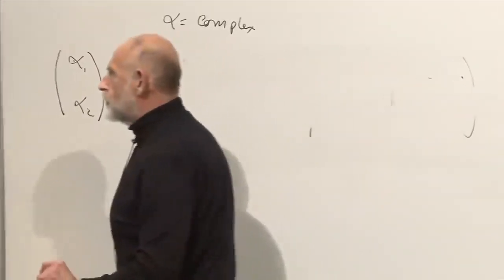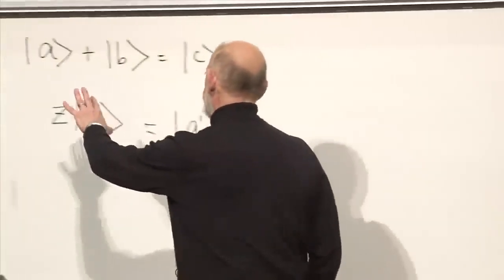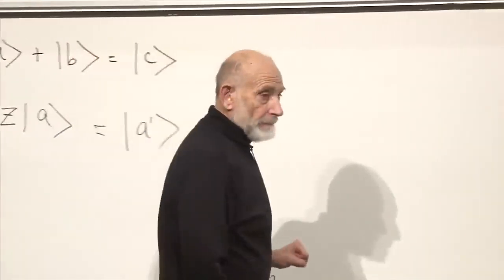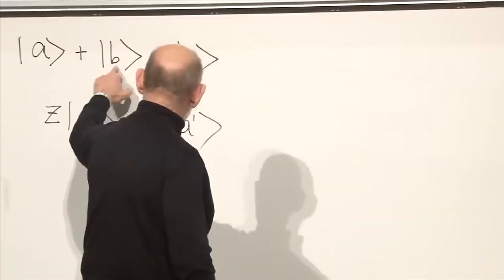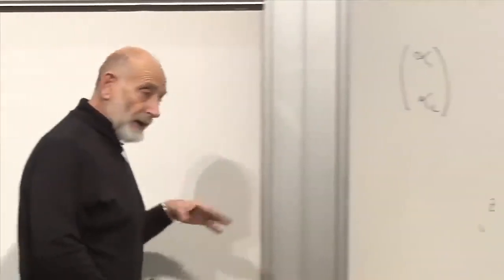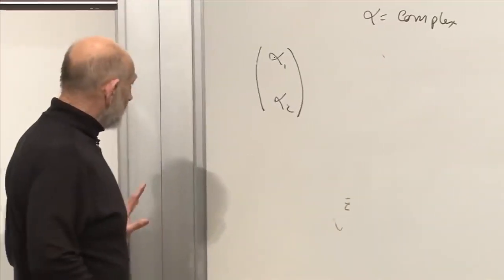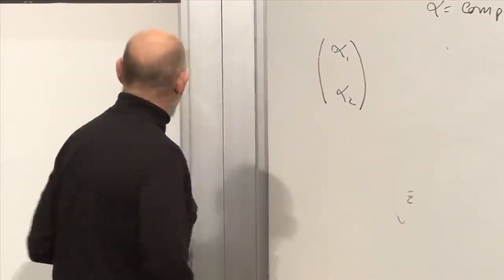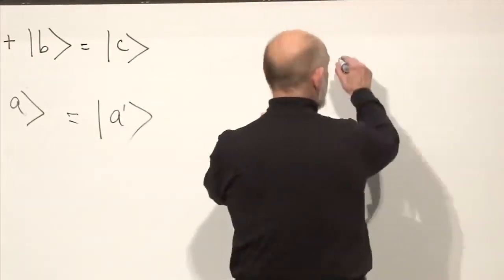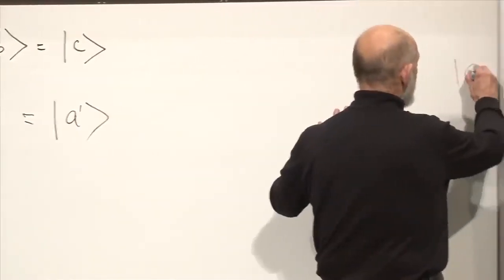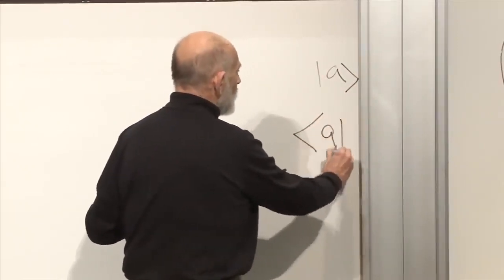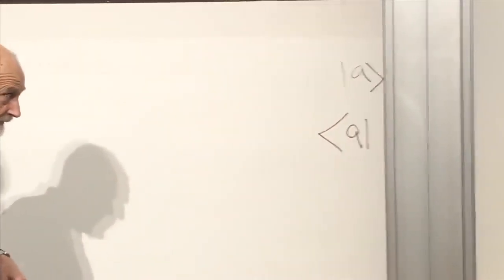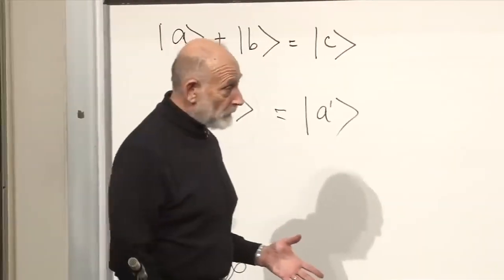This object is representing the vector A. The one that I erased with beta, that's representing the vector B. But right now I don't need the vector B. Okay. What about the object? If this object represents A, then what is the object which represents the corresponding dual vector?